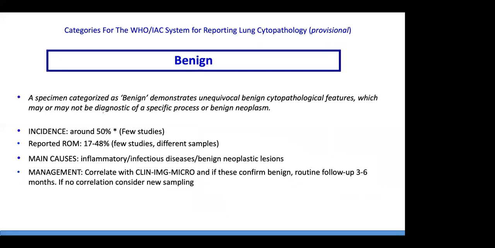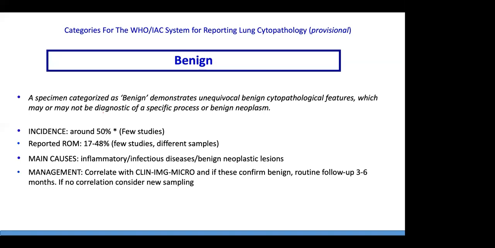The category benign is a category that demonstrates unequivocal benign cytopathology features, which may or may not be diagnostic of a specific process or benign neoplasia. The incidence is around 50%. The risk of malignancy is variable, between 20, 40, 80%, almost the same as the non-diagnostic.